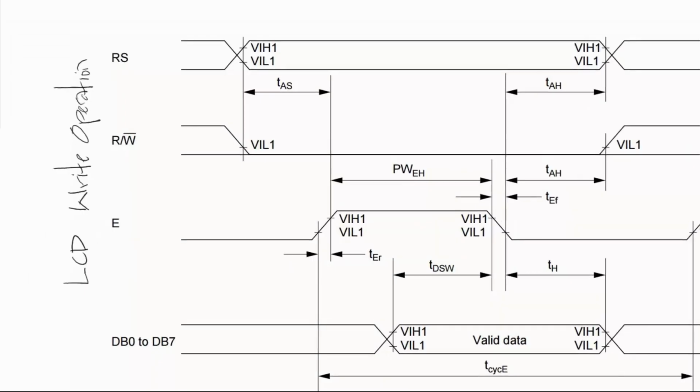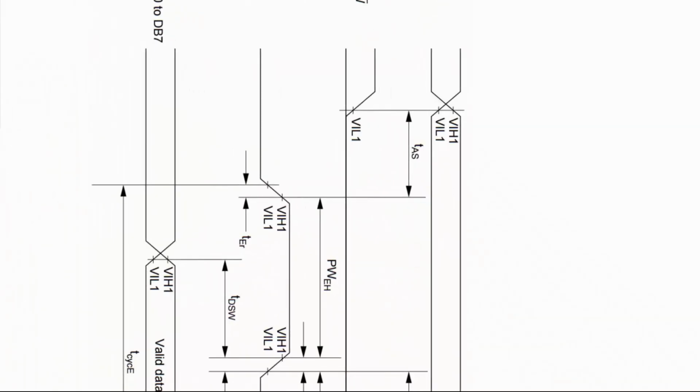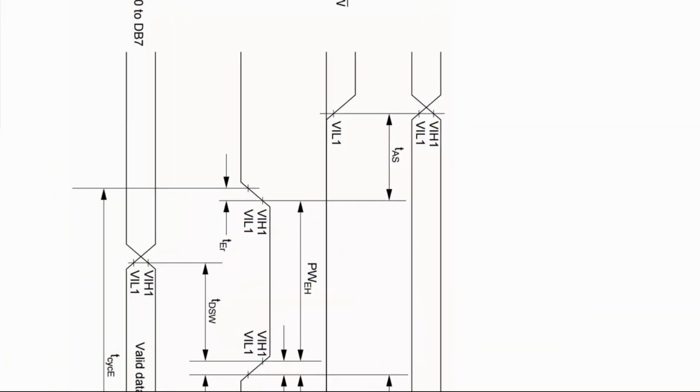So before we do an enable, the read-write or the register select must be changed before the enable. So let's take a look at the TAS symbol for the write operation. Most of these units are going to be in nanoseconds. And I want to write it as if it's code. So this is the position where the read-write or the register select must be changed.